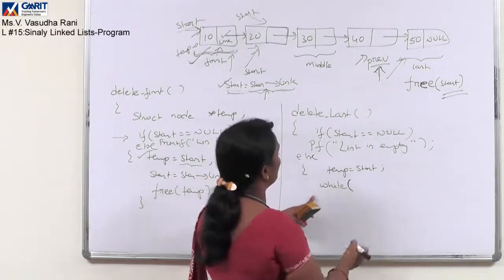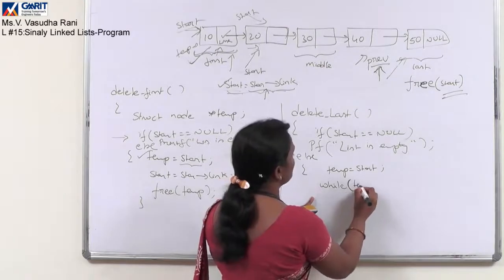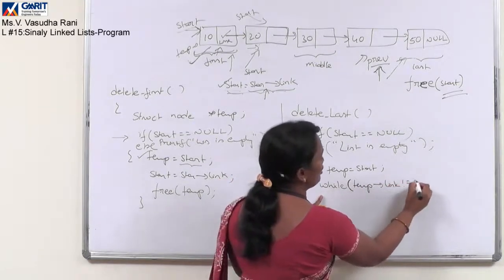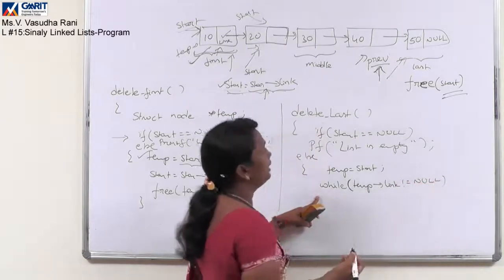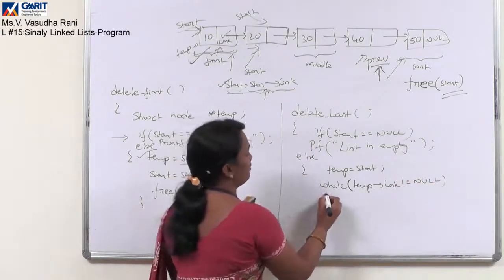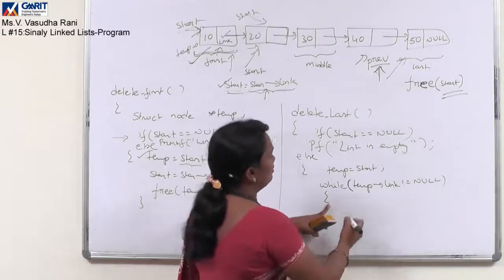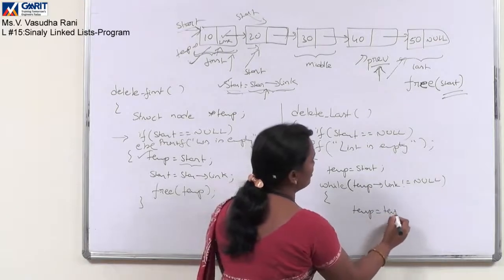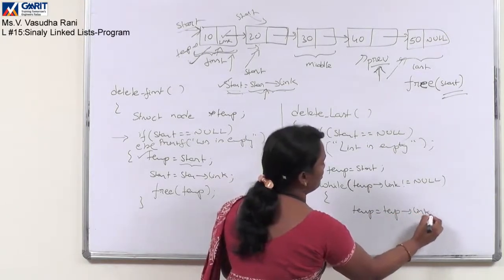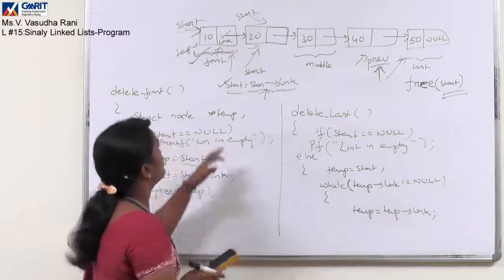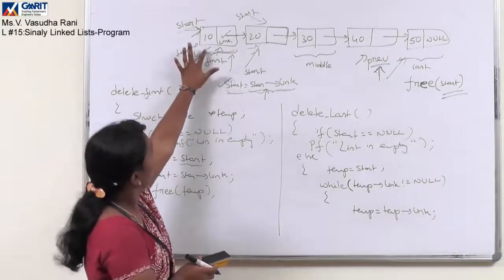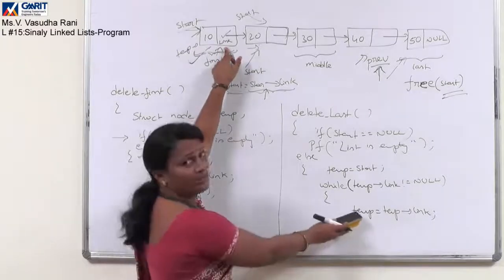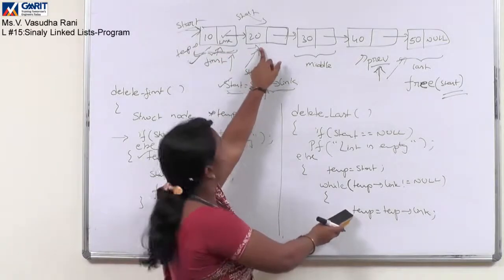From the first node to the last node we have to traverse, while temp link is not equal to null. You have to make temp equal to temp link. So first temp is your start, and while temp link is not equal to null, with this statement you will go to the next node.